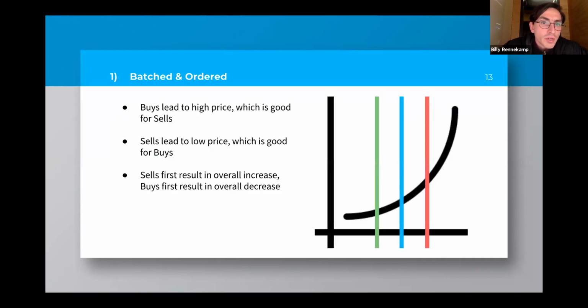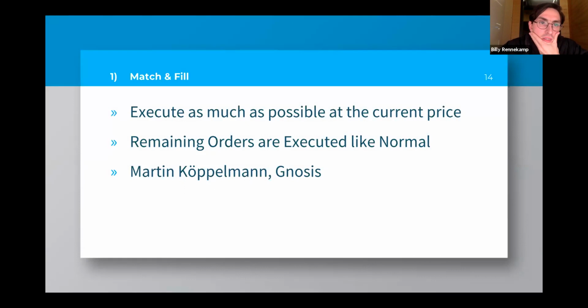So the second one, oh, this is my diagram for all those topics I was just speaking about. The second one, which is mislabeled 1 here, is the match and fill. I have to thank Martin Kopelman for this design. This is where, as we all know, there is a current price for any batched bonding curve token scenario.